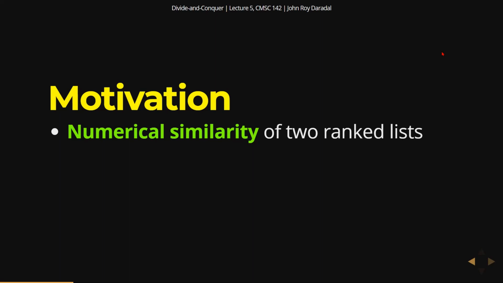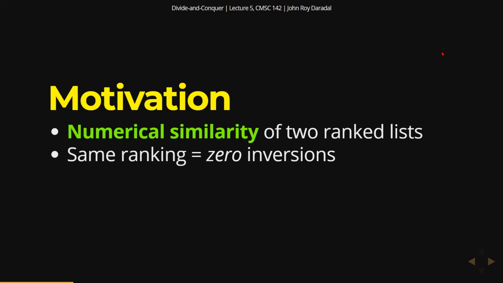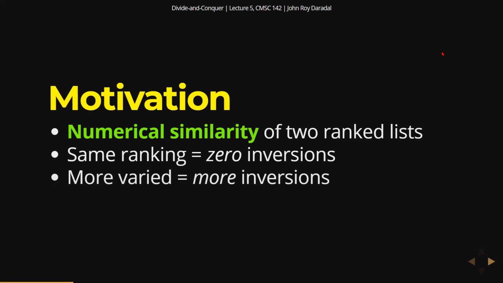If it's the same ranking, then there would be 0 inversions because all of them would be aligned. If it's more varied, then there would be more inversions, which shows that they are not the same. So the more inversions, the more varied the rankings.